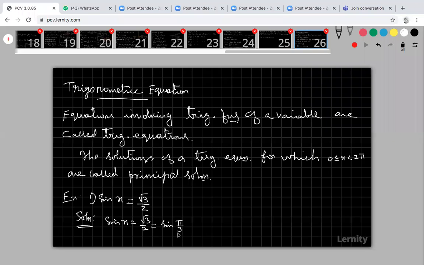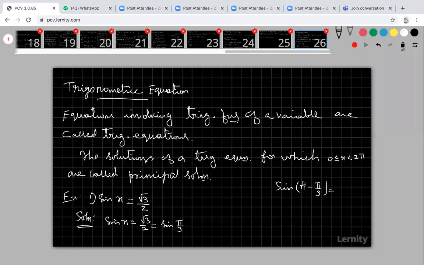Is there any other angle whose sine is root 3 by 2? Look at that, sine of pi minus pi by 3. What is sine of pi minus pi by 3?